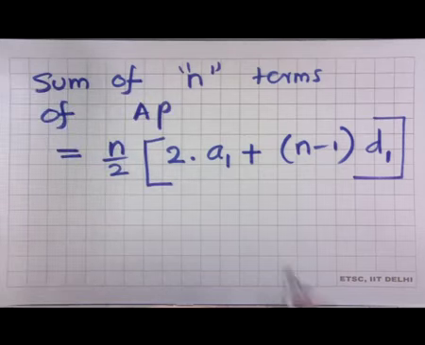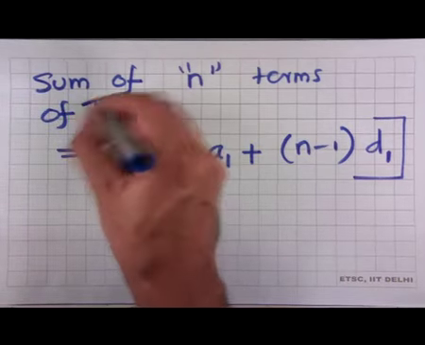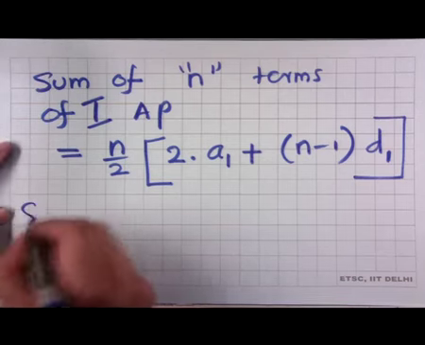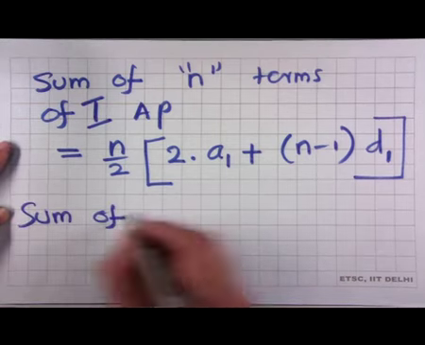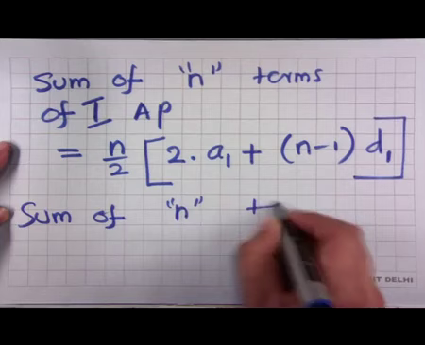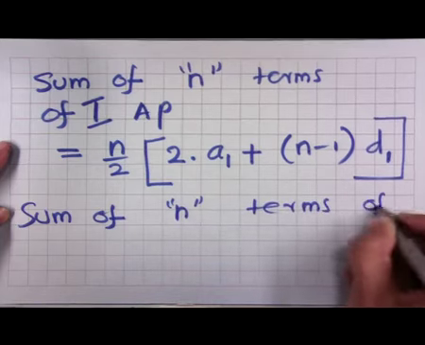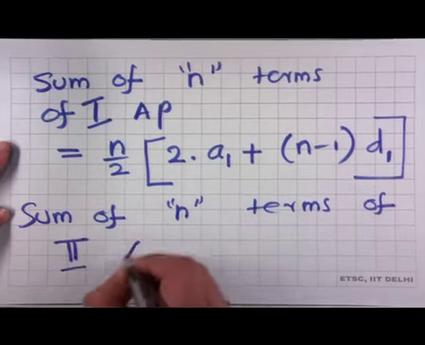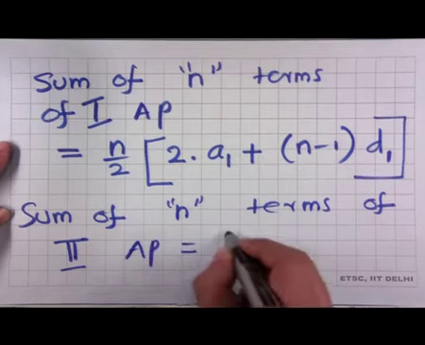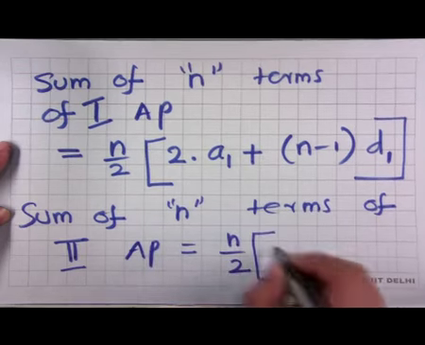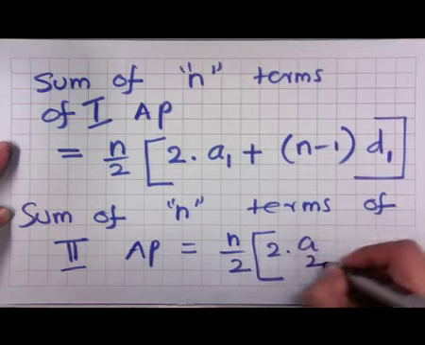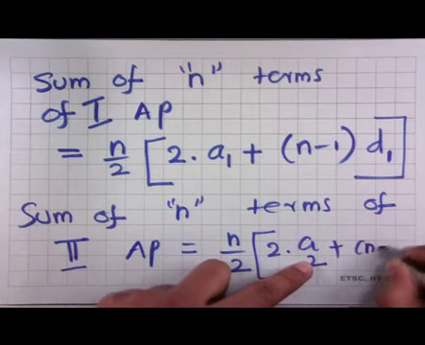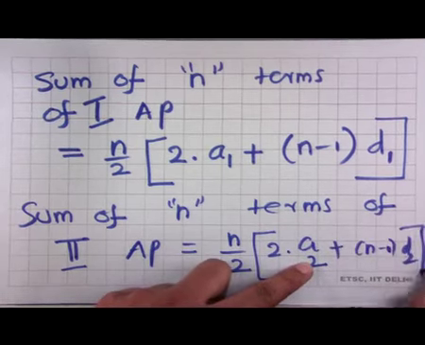This is for the sum of n terms of the first AP. Similarly, the sum of n terms of the second AP will be n by 2 into first term plus n minus 1 into common difference.